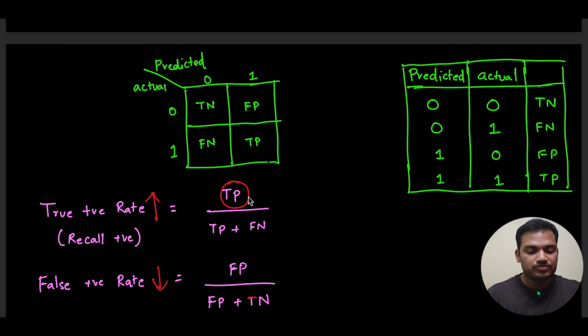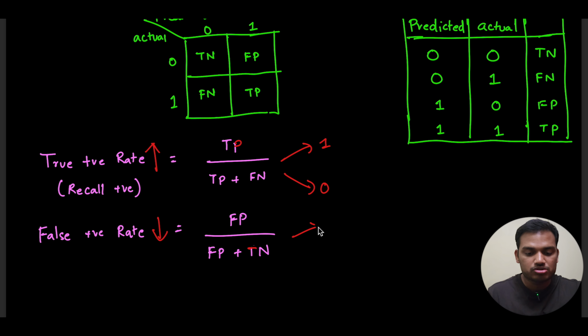Now let's see in which case we can get this true positive rate to be 1 and this true positive rate to be 0. And similarly, in which case we can get the false positive rate to be 1 and the false positive rate to be 0. Let's try to understand this. In order to get this as 1, what should be 0 in this true positive rate formula?